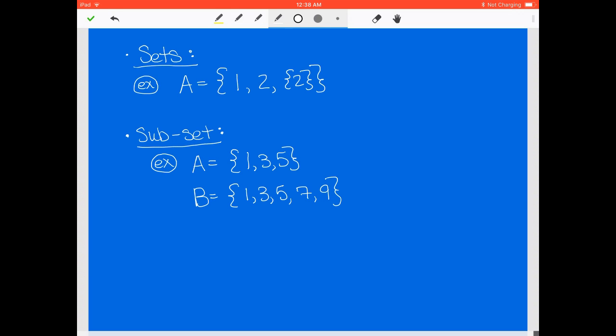Furthermore, we could say set A is a proper subset of B. So here's this new term, proper subset.